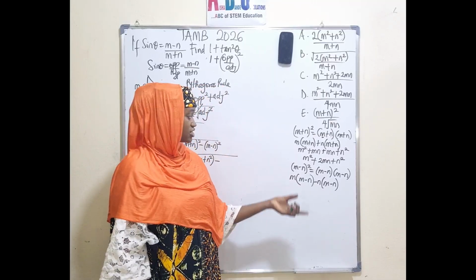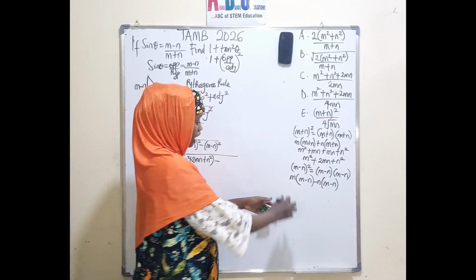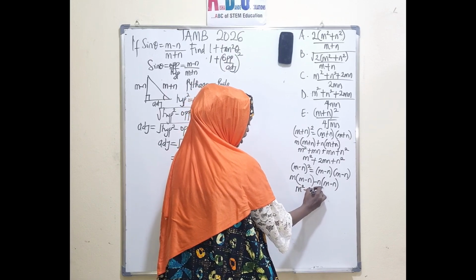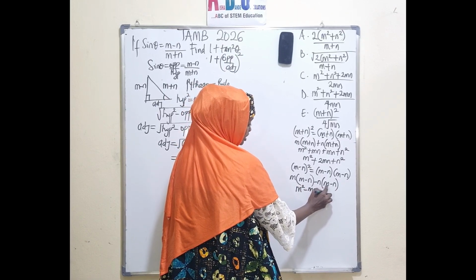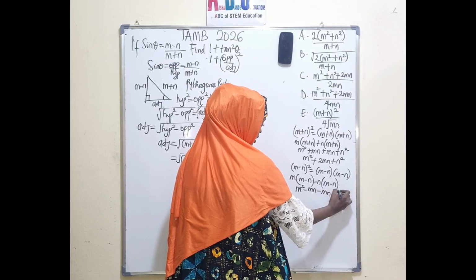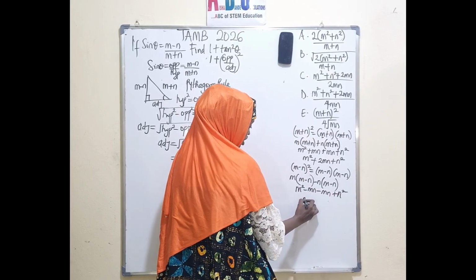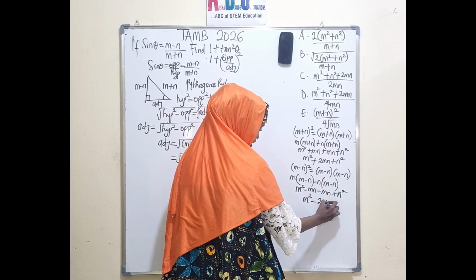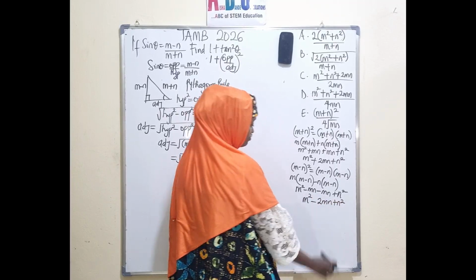So now let's expand the same method, right? So m times m gives me m squared, minus m times n gives me minus mn, minus n times m is minus mn, minus times minus is a plus, n times n gives me n squared. So here I have m squared minus mn minus mn is minus 2mn, plus n squared.